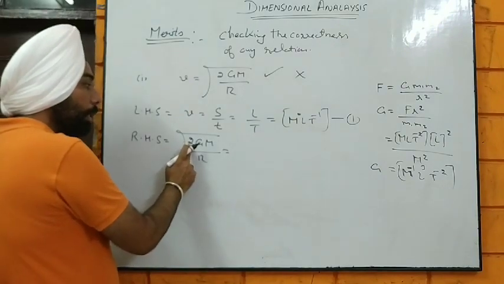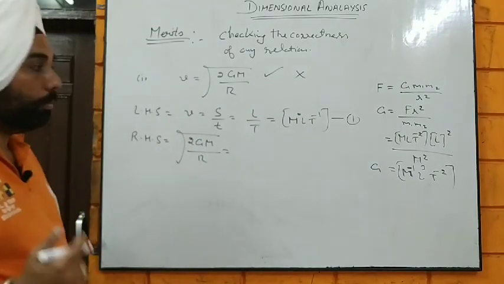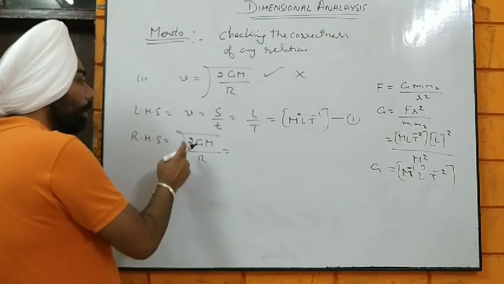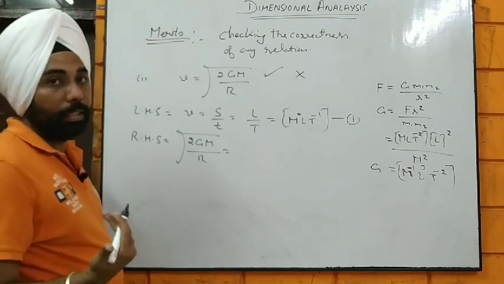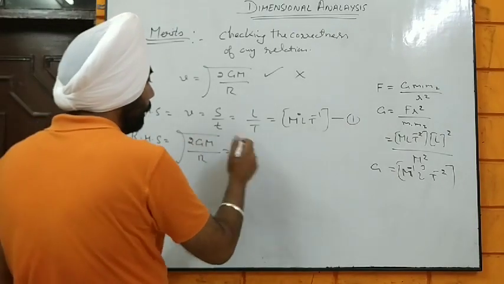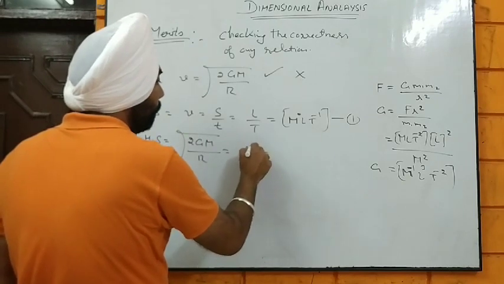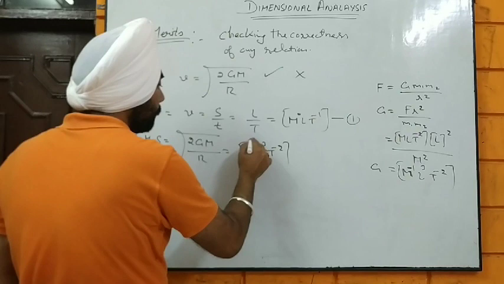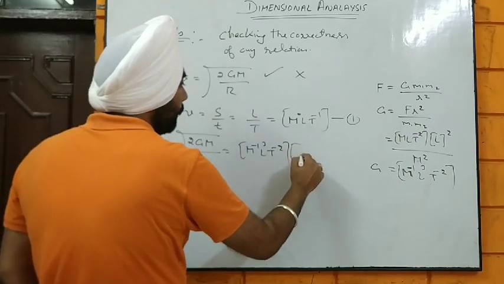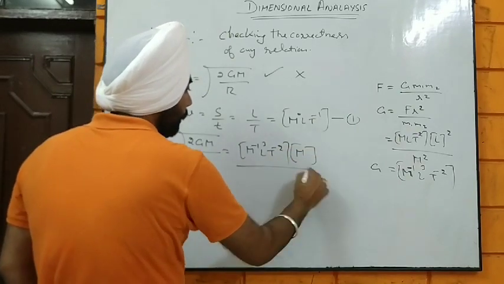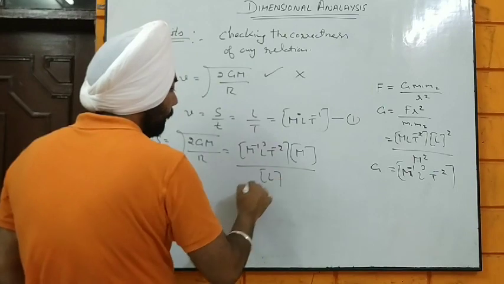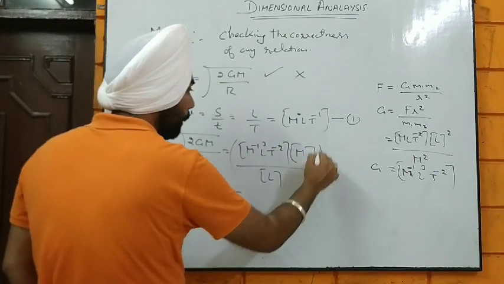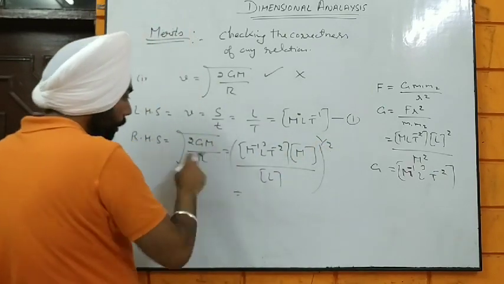Now we can't take 2 here, because that is the drawback of dimensional analysis: we are not considering any constants. So just taking the dimensional formulas, M minus 1, L3, T minus 2, and similarly mass is M, and radius is L, all raised to power half because of the square root.